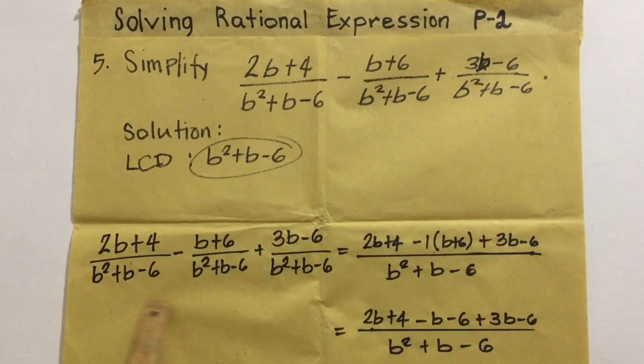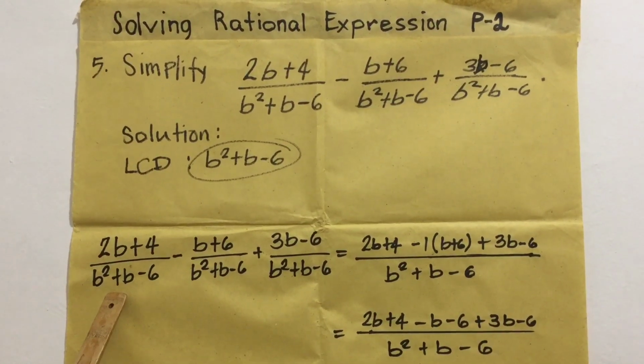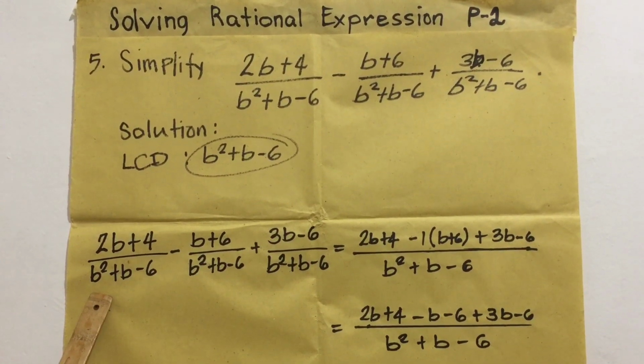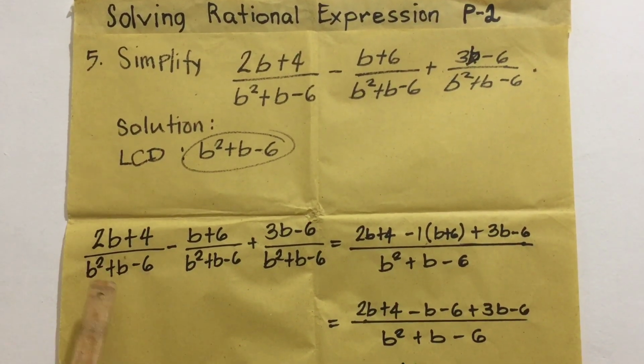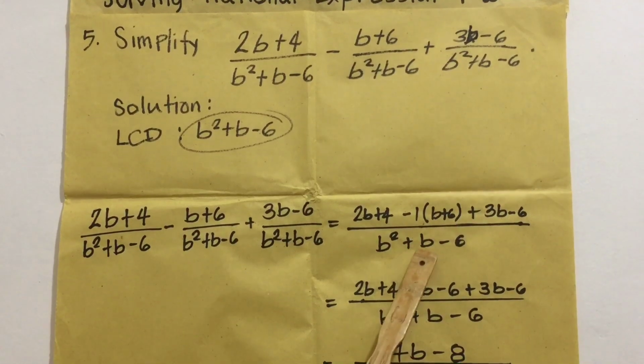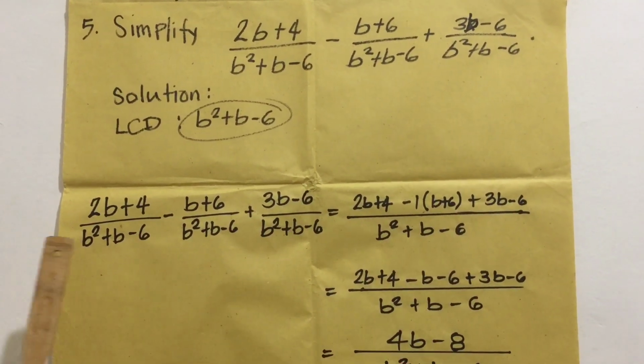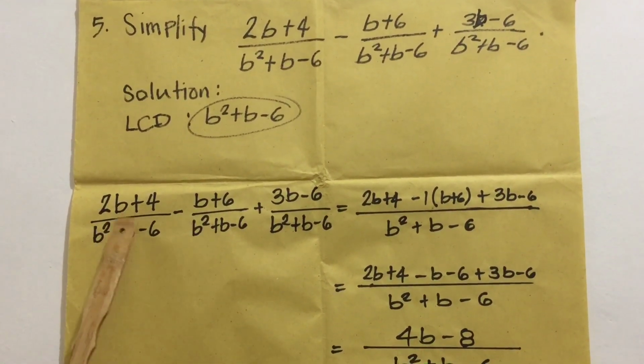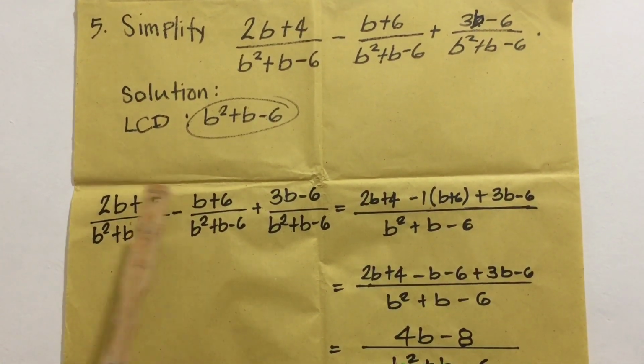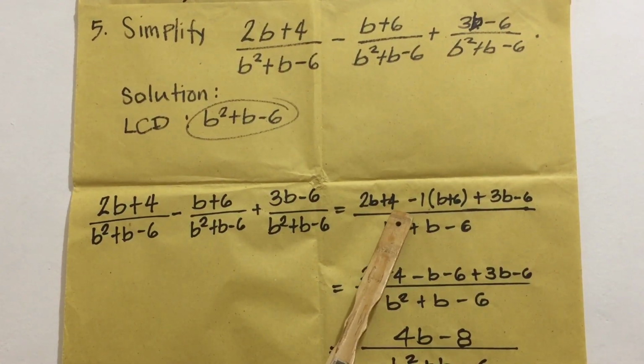Then we divide the LCD by the denominator of the first term, b squared plus b minus 6. Dividing it by b squared plus b minus 6 is equal to 1, then we multiply it to the numerator 2b plus 4. So the answer is 2b plus 4.